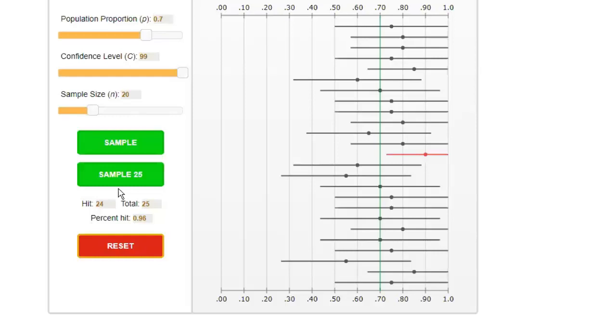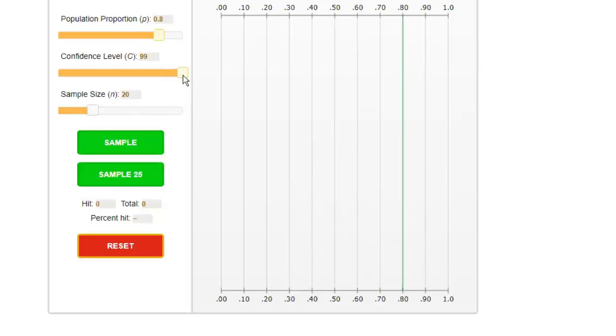It's a combination of factors, which includes sample size. It's actually these three sliders that you see here. It's the population proportion, it's the confidence level, and it's the sample size. All three are contributing. And if this looks a little familiar to you, this was the project that we did about the movies.